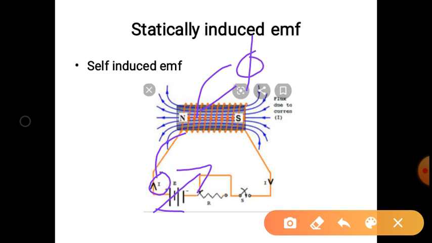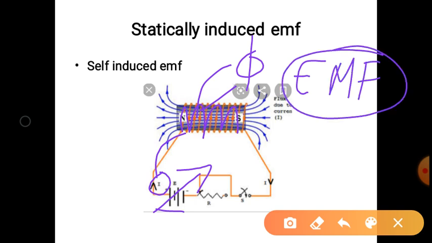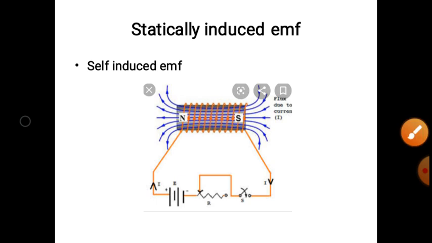That flux will link to the same coil and EMF will be generated in the coil. So by this experiment, self-induced EMF is nothing but the EMF induced in a coil due to a change in its own magnetic flux which is linked to it. And we'll go to the next one.